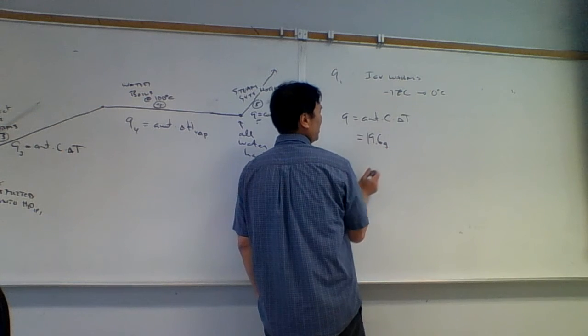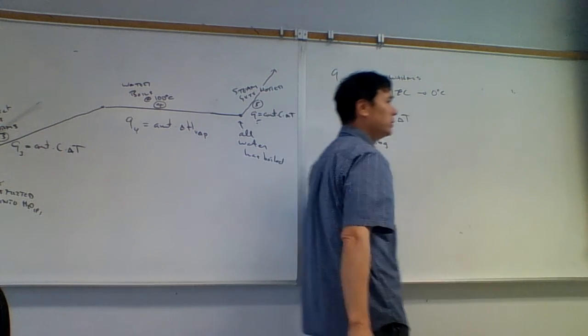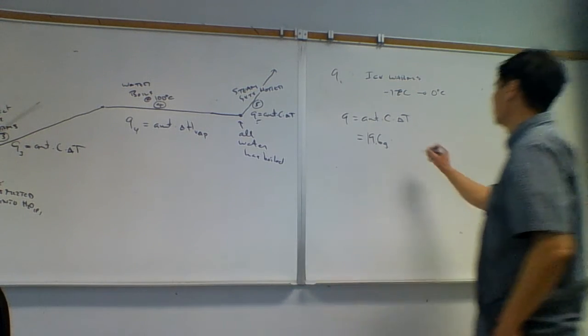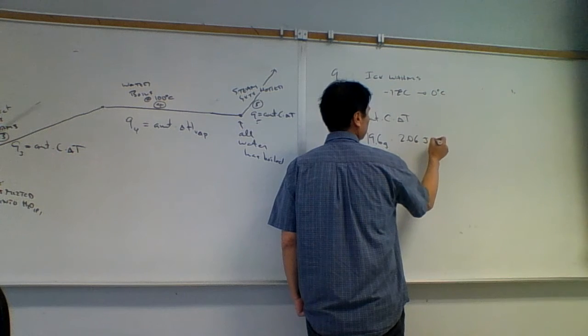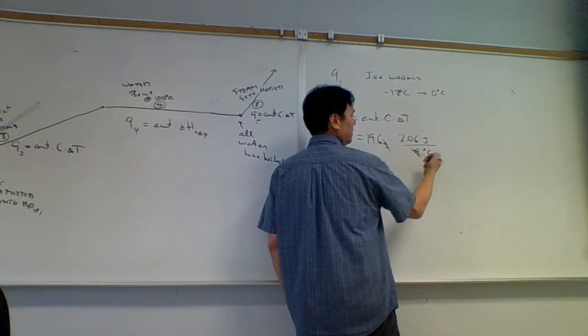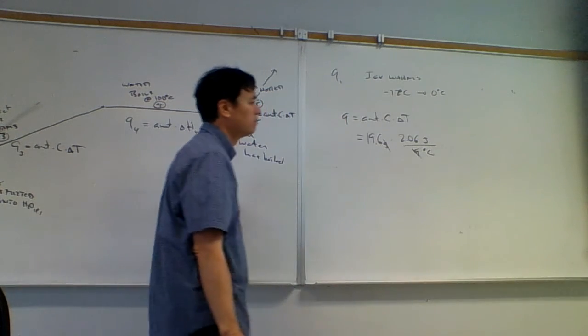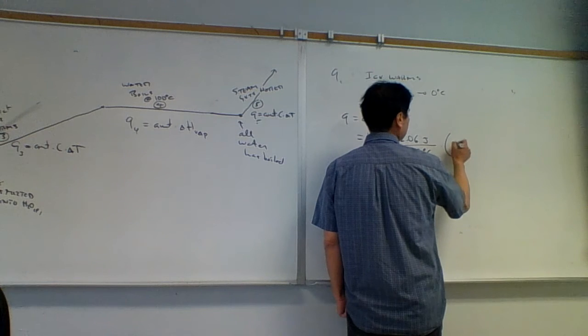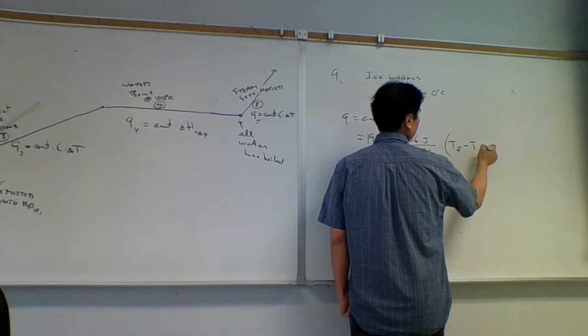19.6 grams of ice. The C, so we need the specific heat of ice. Solid ice is 2.06. So the units are going to be 2.06 joules per gram degrees C. So grams cancel. So the only thing we need to cancel is degrees C. And so the degrees C is going to be delta T, which is T final minus T initial.